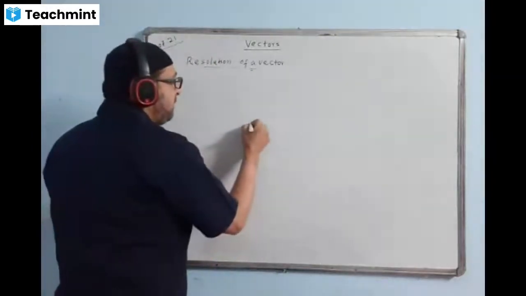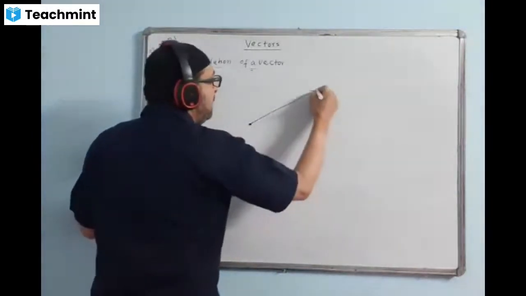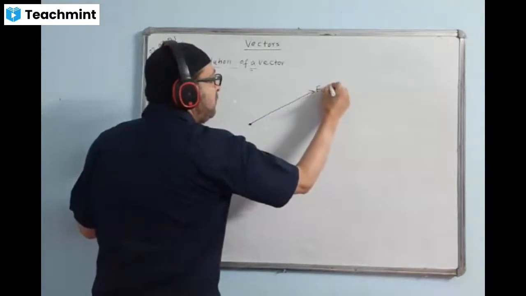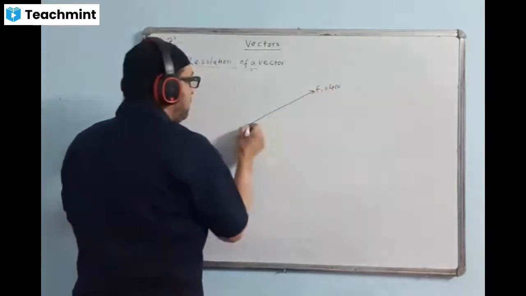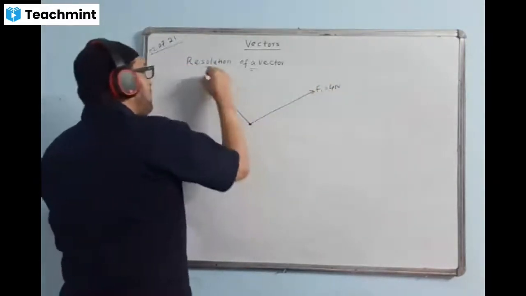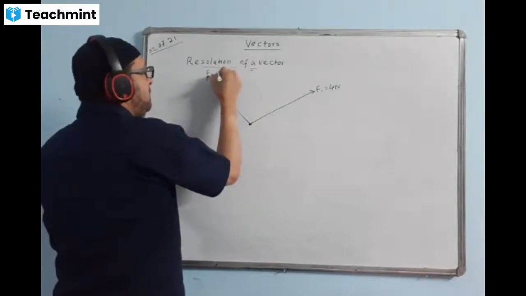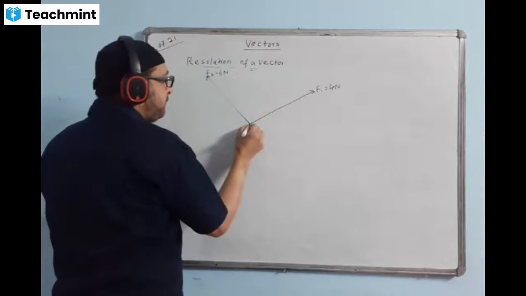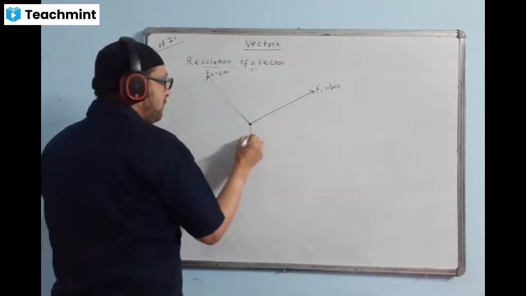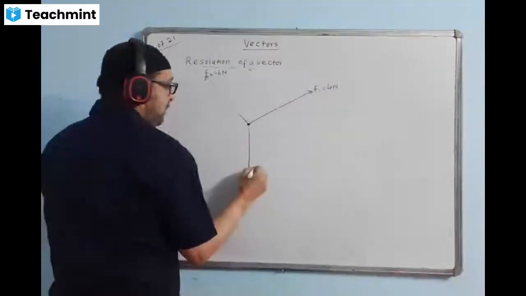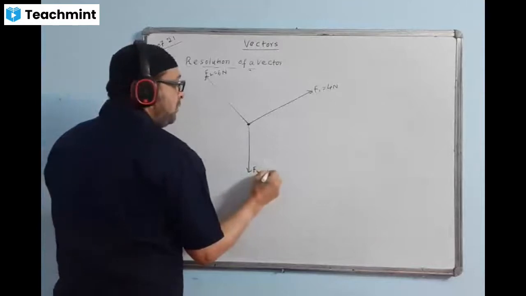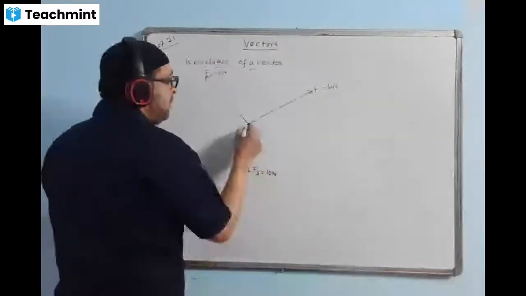So here is a diagram given. F1 is equal to 4 Newton. F2 is equal to 6 Newton. F3 is equal to 10 Newton.